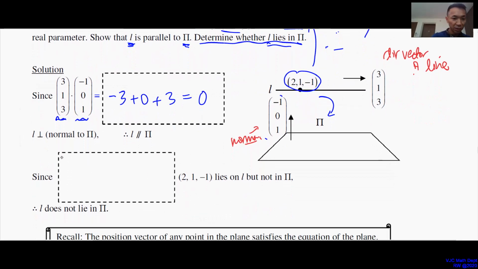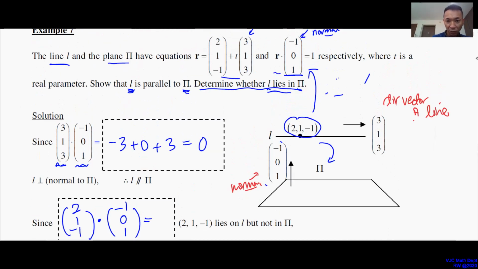So we'll do this: 2, 1, minus 1 dot minus 1, 0, 1, substituted onto the left hand side of the equation of the plane. If it equals 1 here, it means it lies on the plane. If it's anything other than 1, then it doesn't lie on the plane.